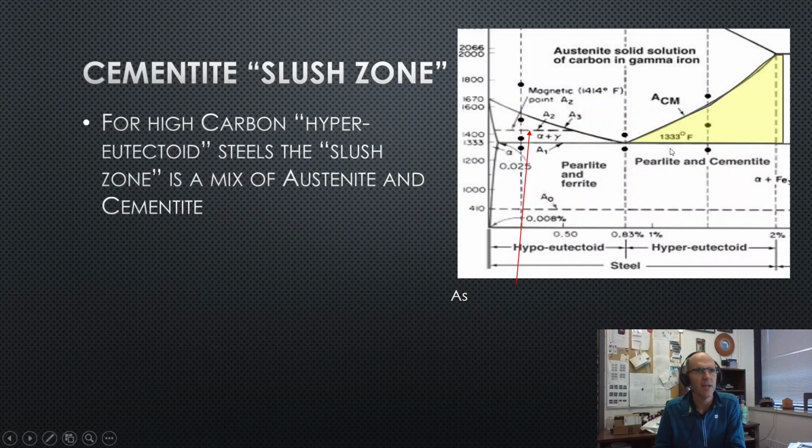So on the other side of the chart, we've got a cementite slush zone right in here. And in this region, we're still going to transition into austenite because everything up in this region is austenite. But what's going to happen as we go through this way, we're going to have some cementite form right in here.